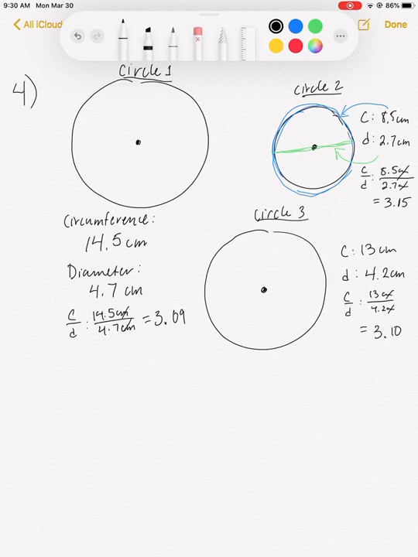What do you notice about the ratio for each? Isn't it interesting that circle number 1 is 3 and a little bit, circle number 2 is 3 and a little bit, and circle number 3 is 3 and a little bit. So we notice that the ratios are just over 3.